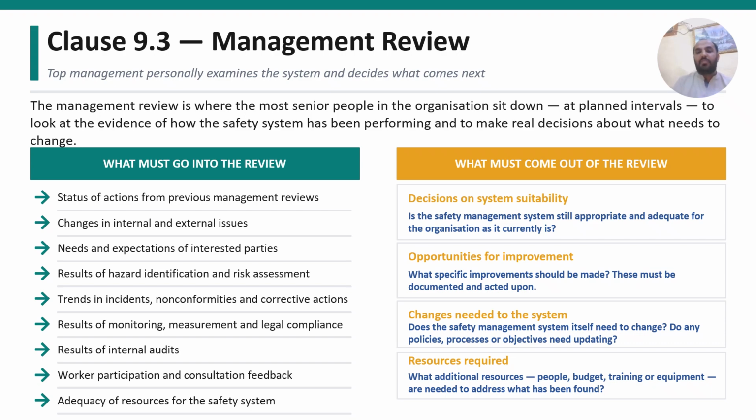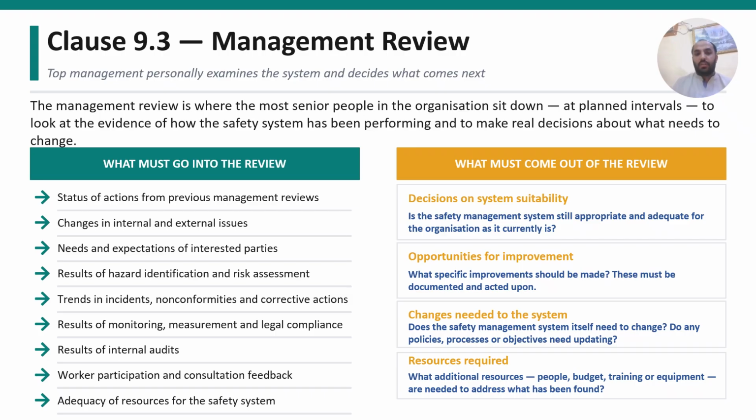And these must be documented and acted upon, not just discussed. Okay. Decisions about whether the system itself needs to be changed. Decisions about what additional resources are needed. Decisions about whether the safety system should be more deeply integrated with other business processes.